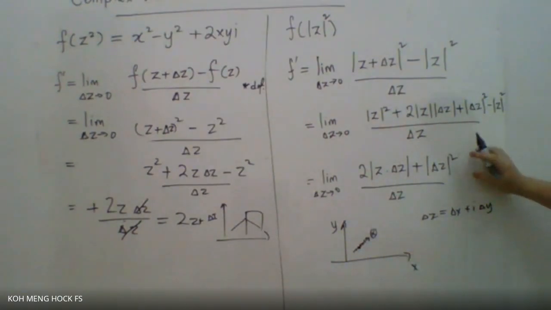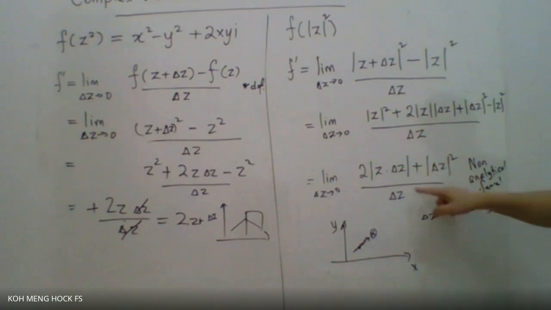So there is no way to simplify this, and therefore this is a non-analytical function, right? Why this is non-analytical is because this is a real part, and this is the imaginary part.